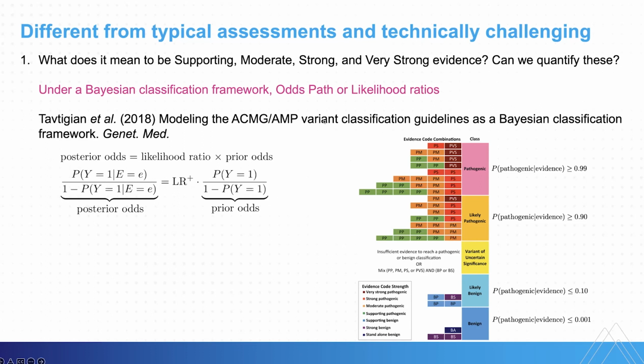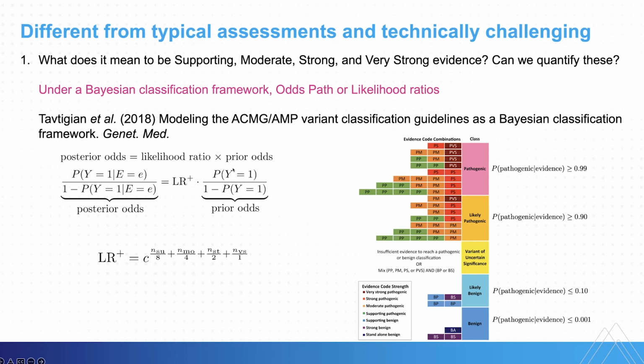The way Tavtigian et al. developed their framework was to model the likelihood ratio in terms of these different rules. They said, let's assume the likelihood ratio is equal to some constant value C, raised to these powers, which indicate how many pieces of supporting, moderate, strong, and very strong evidence you have. Now you can set the prior, so that the left-hand side should equal one of these numbers.